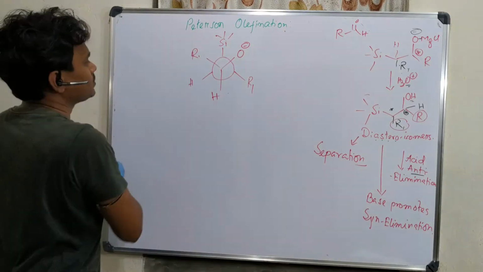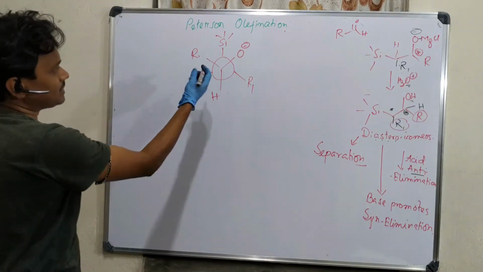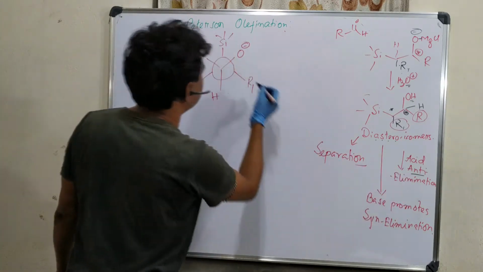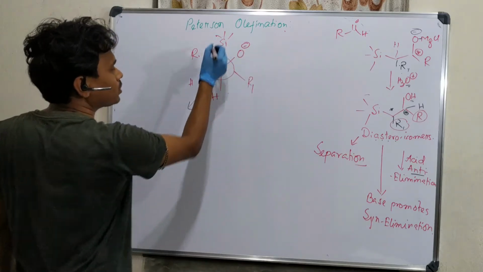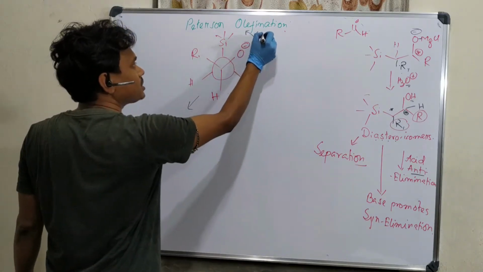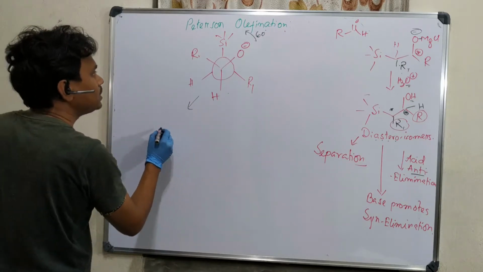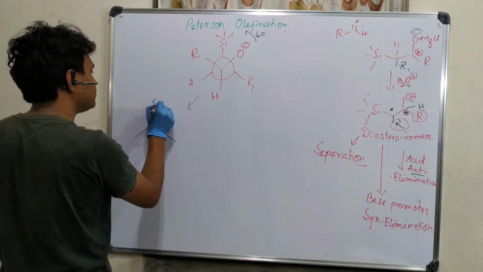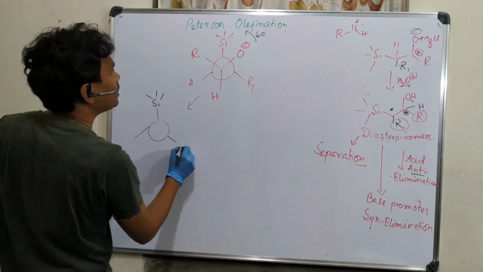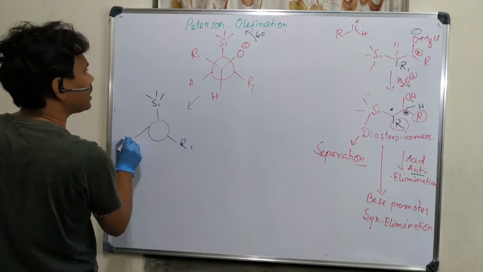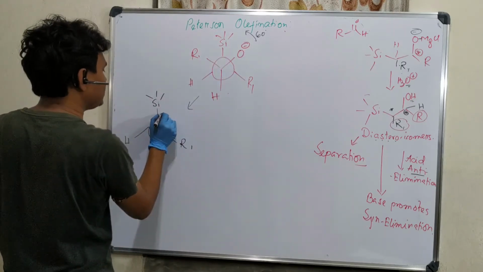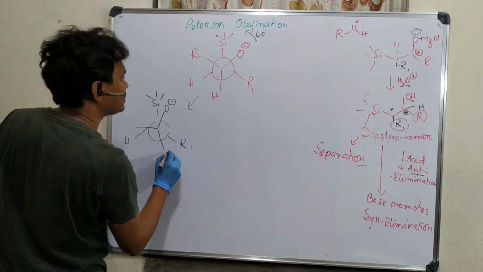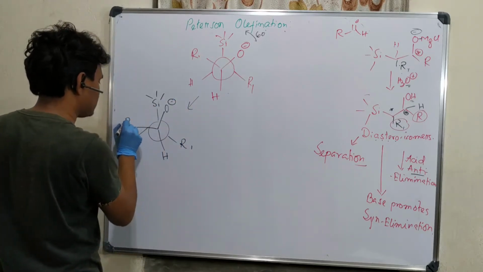Let's start. In this case, as it is base promoted, they need to come closer, meaning a 60-degree rotation. So what will it look like? The back part is the same, silicon, R1, H, and it will go 60 degrees. So this is O minus, hydrogen, R1.